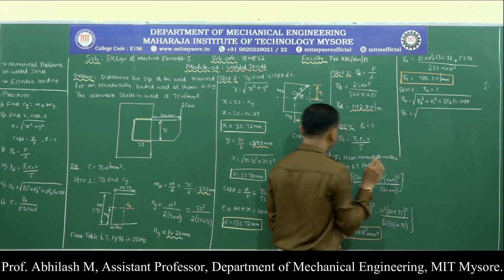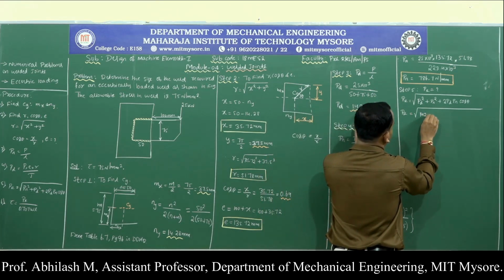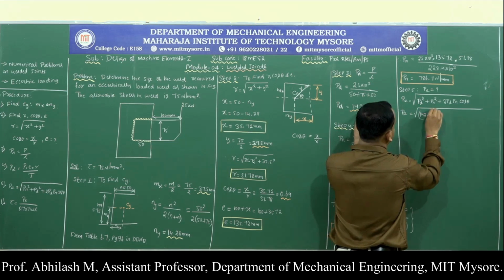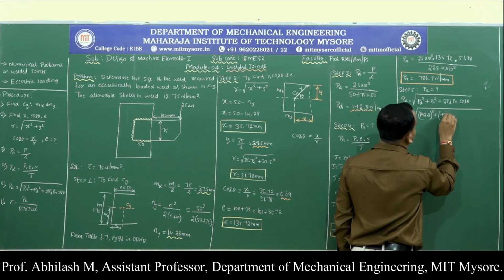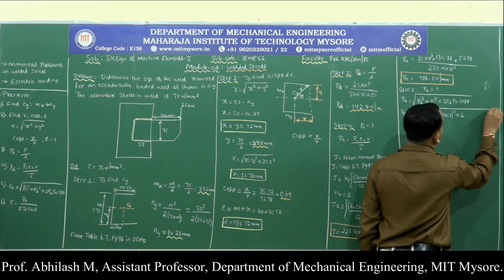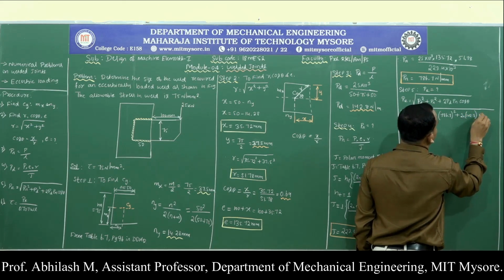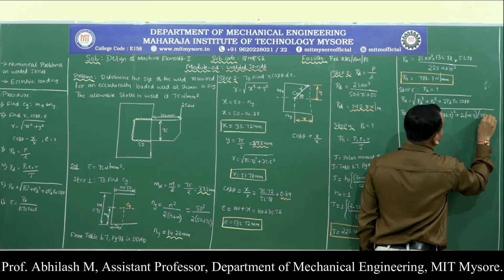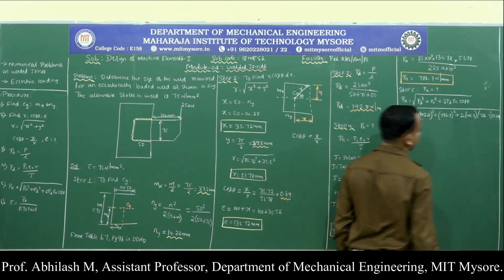PD value I know, that is 142.8 square, plus PN value 786.7 square, plus 2 times of this PD PN, that is 142.8, 786.7, cos theta is 0.69.